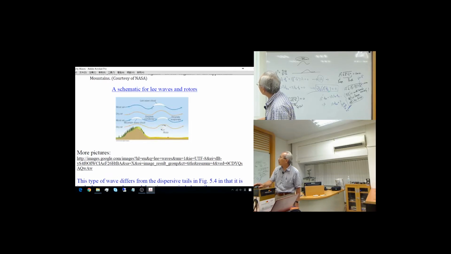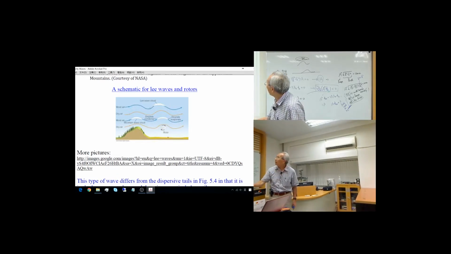Now, if the flow is moist and the air parcel goes up to the LCL, then it can get saturated and form cloud. Then you'll see this part of the wave has clouds.